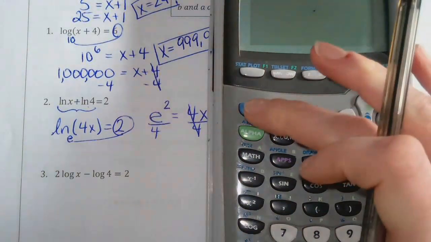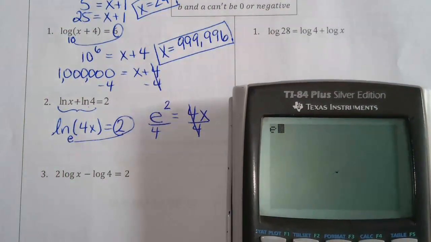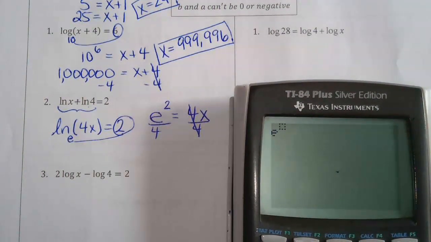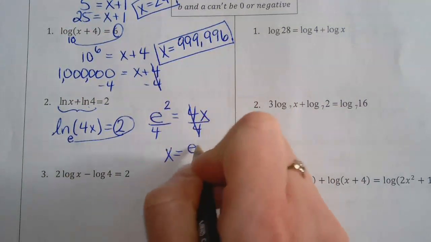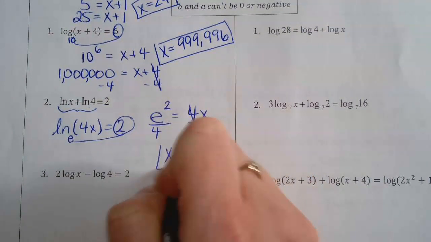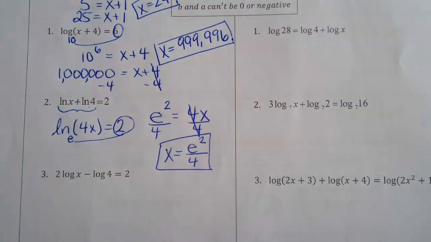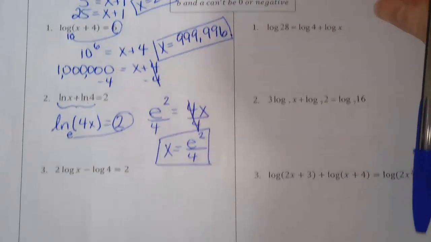Okay, it's in blue. So if you press second divide, you'll get the e. You can square it, and then we can take that answer and divide it by 4 if for some reason you needed an approximation. But technically, since it's irrational, we're just going to leave it in its most accurate form, which is in terms of e.